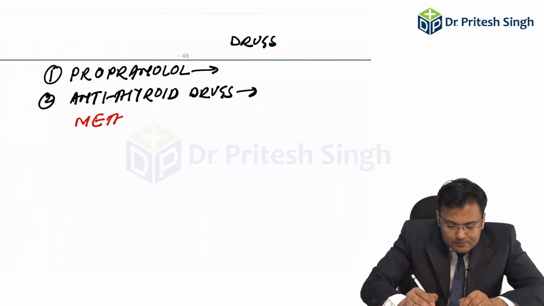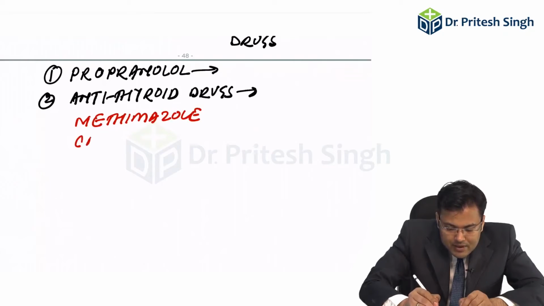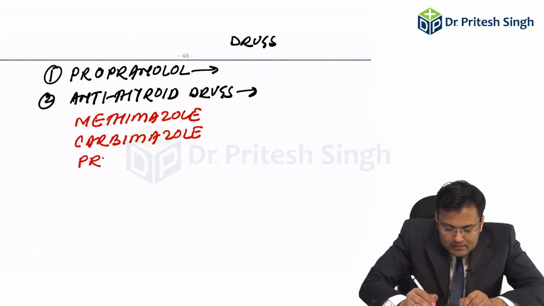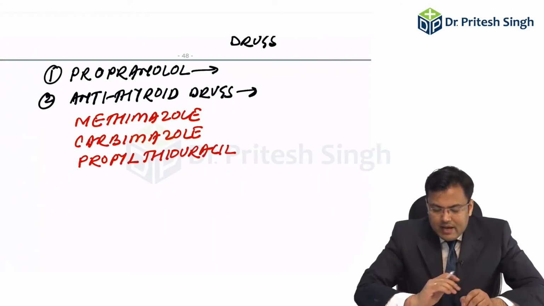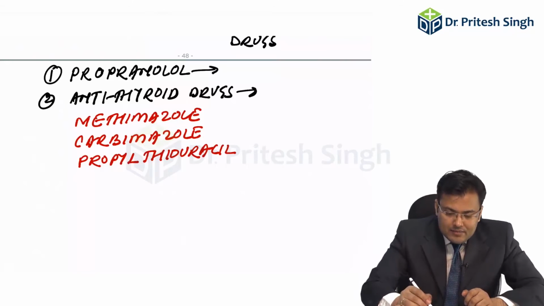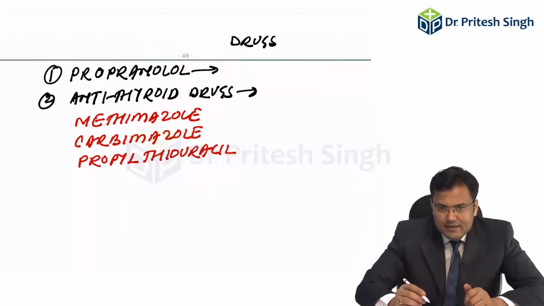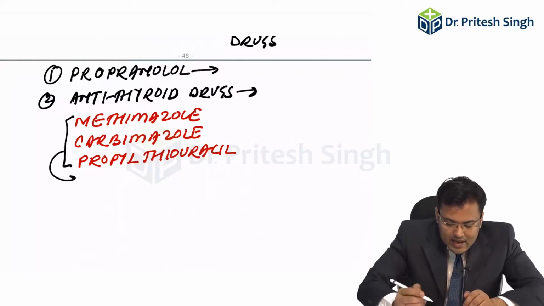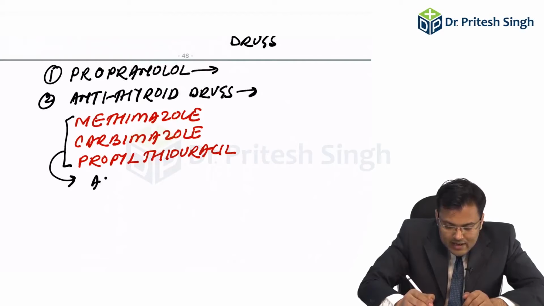Methimazole, carbimazole, and propylthiouracil. There is a side effect which is frequently asked about these antithyroid drugs, and that side effect is what? Agranulocytosis.